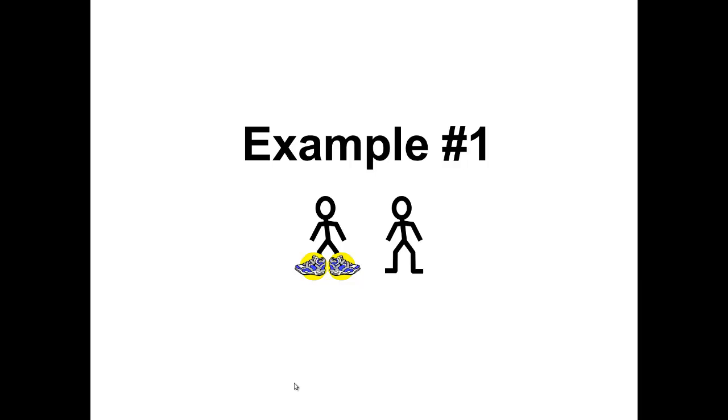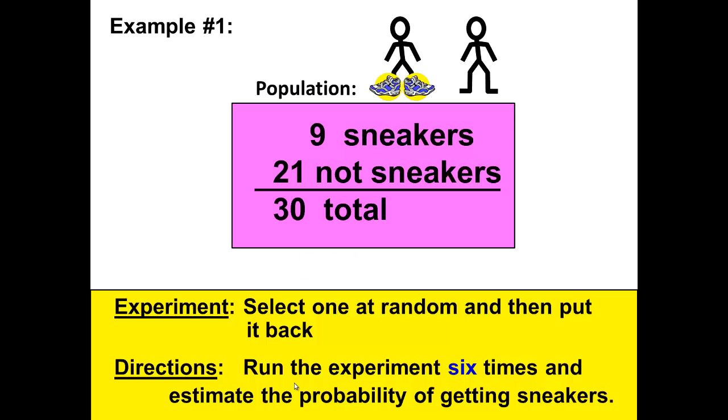This is the second video of this series, and we will pick up with example 1. Students may need to watch the first video of this series to understand all the concepts. We are still looking at that same population as from part 1 of this series, a population of 30 students, of whom 9 were wearing sneakers.